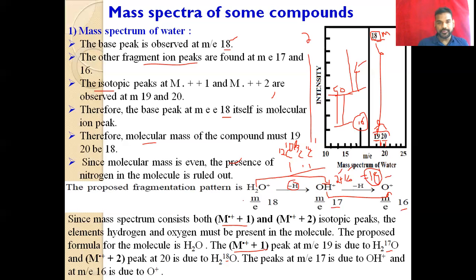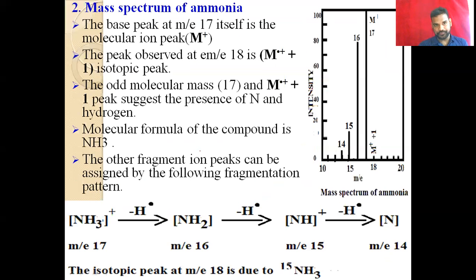So this is about the water molecule, and this is a very important question. We have to write the base peak, fragmentation peak, and isotopic peak, and you have to explain the isotopic peak and fragmentation peak. So this explanation is very important. It carries 4 marks.